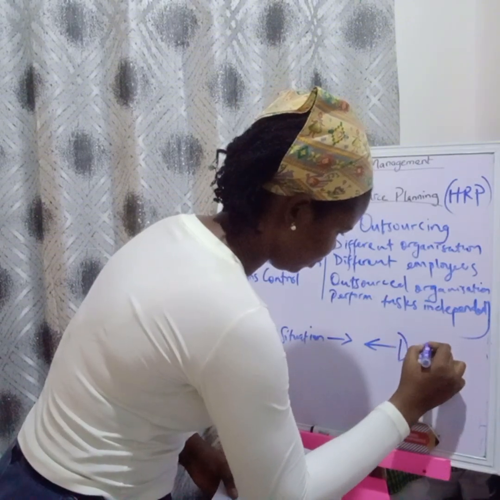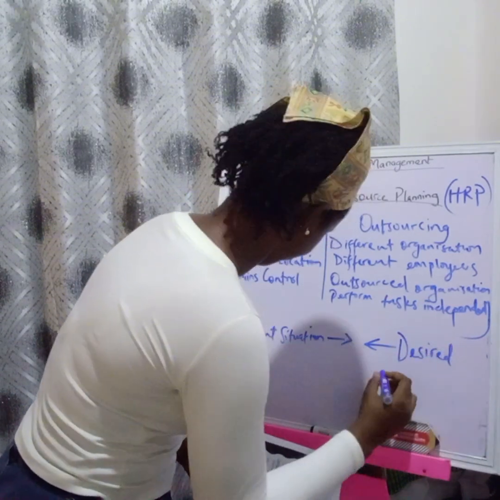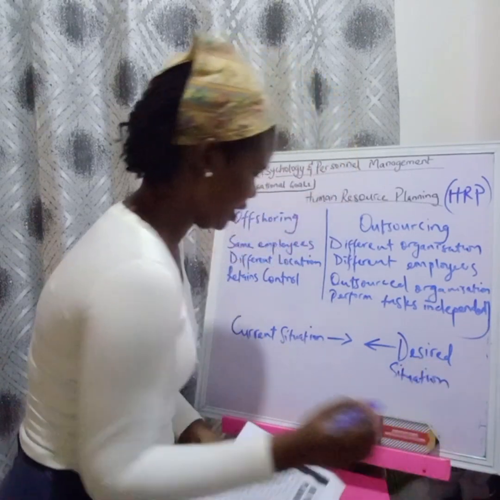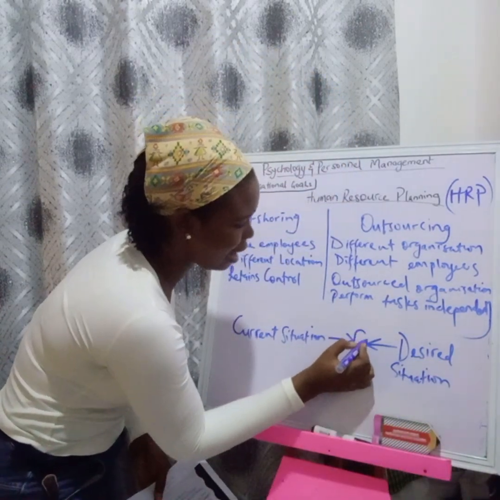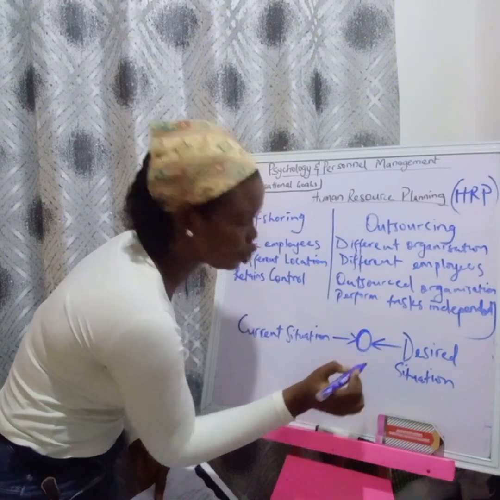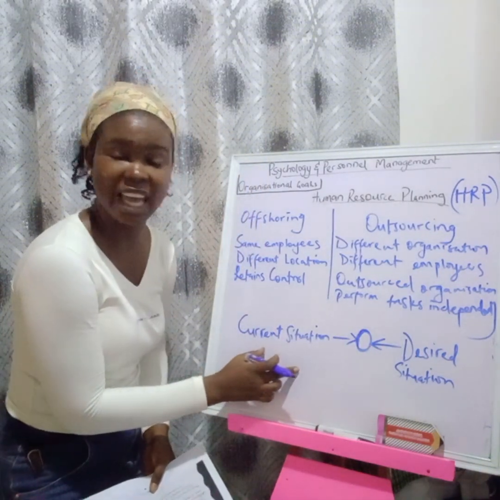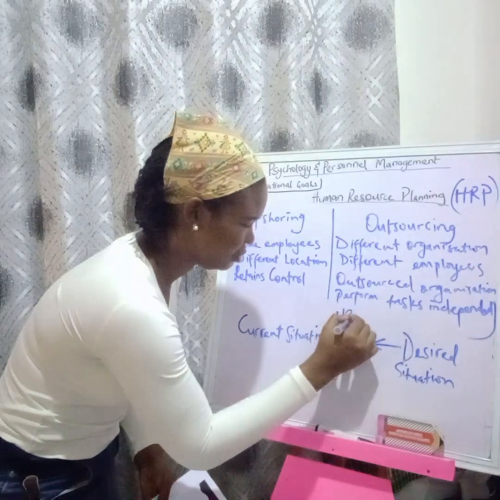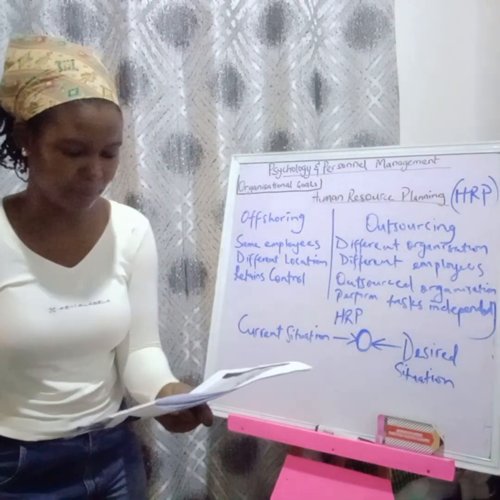Desired situation. The person that closes this gap, that makes this gap very close, so that when you say you want to be there in your first year, you're not still there in your fifth year, it is HRP, basically. That is all we're talking about.